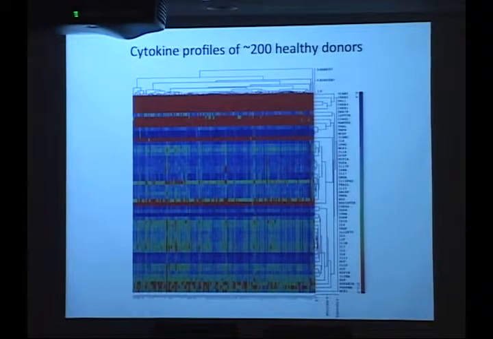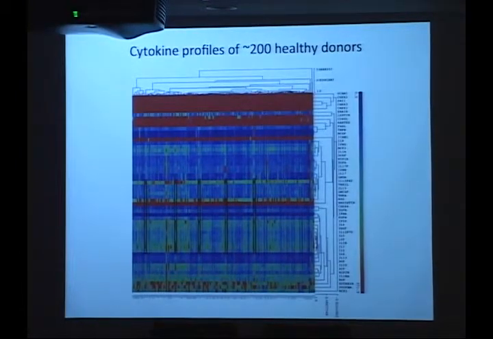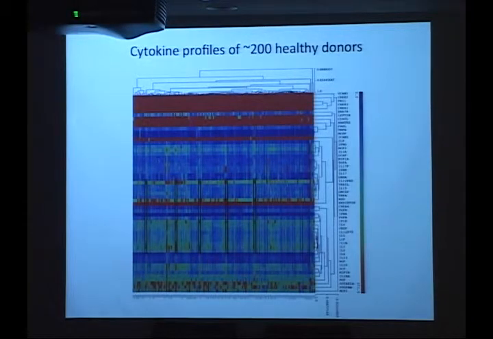And you also see some heterogeneity. So you see red and yellow spots in amongst the green and blue. And I would point out in particular that there are some patterns here where, for example, these individuals that I've circled now have at least 1, 2, 3 cytokines that are elevated in concert, okay? Unlike their neighbors, which are low for those 3 or 4 cytokines. So these patterns are something that Jake Glanville is helping us to work up and elucidate.